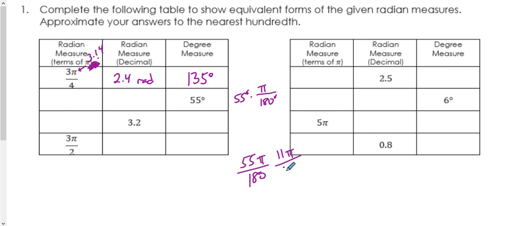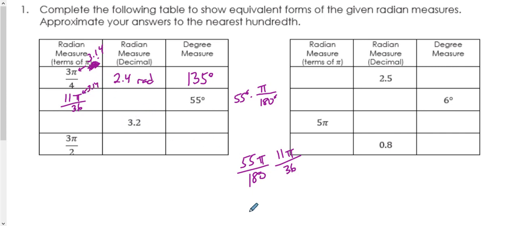So that's going to be 36 times, all right? And the 11 is a prime number, so we can't do anything with this. So it's going to be 11 pi over 36, okay? Now, to convert this into this one, it's very simple. All we're going to do is change this into 3.14.